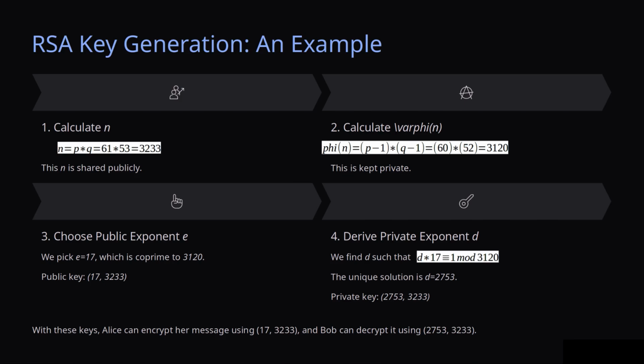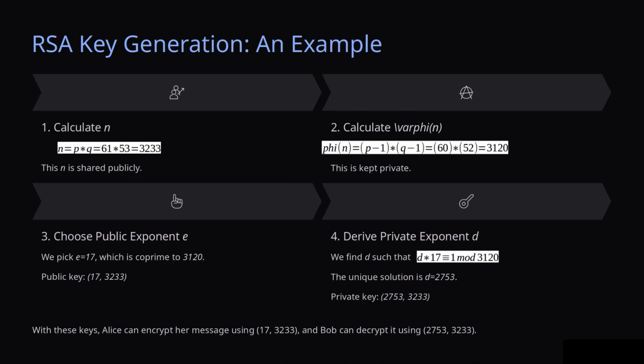After that, we need to derive the private exponent d. To find d, we need to find a number that multiplied by 17 is equivalent to 1 mod 3120. You can find this number by calculating 1 plus 3120 times x. And this number needs to be divisible by 17 and land on a whole number.